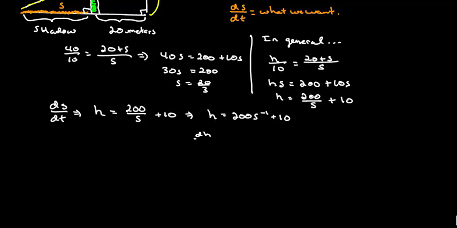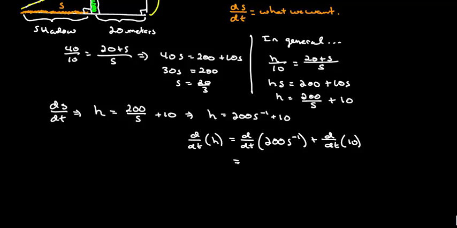So dh dt. I'll write it like this so you can see the whole chain rule. This is d dt of h is equal to d dt of 200 s to the negative 1 plus d dt of 10. Well, d dt of h, I can't do that. h is a function of t, so let's rewrite that.